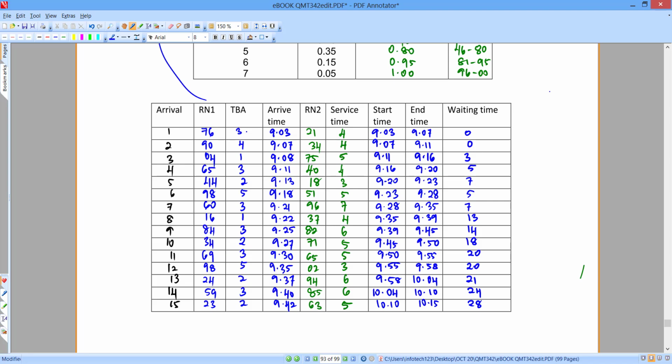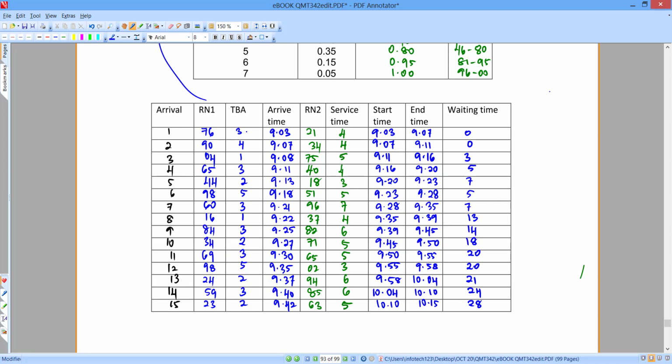Then the first student's service time is 4, because I use random number 2. That is photocopying time, or service time. So the first student starts to photocopy at 9:03.